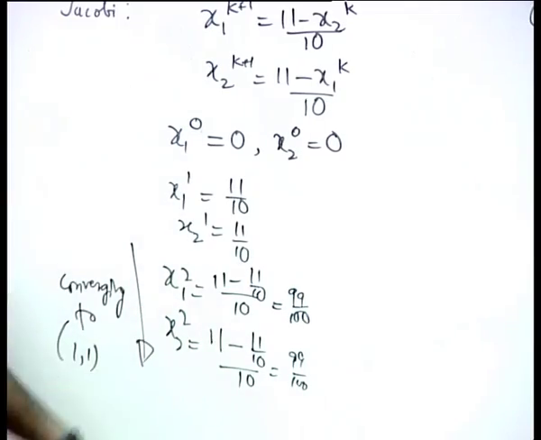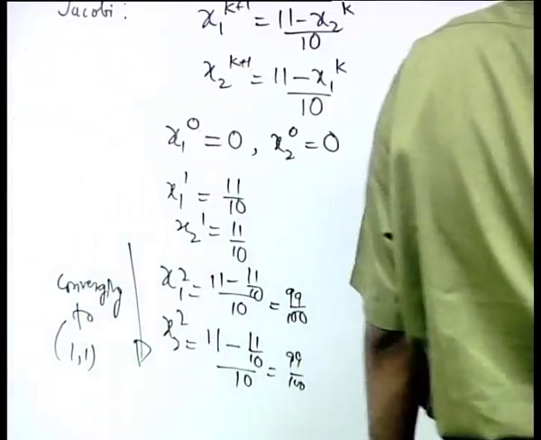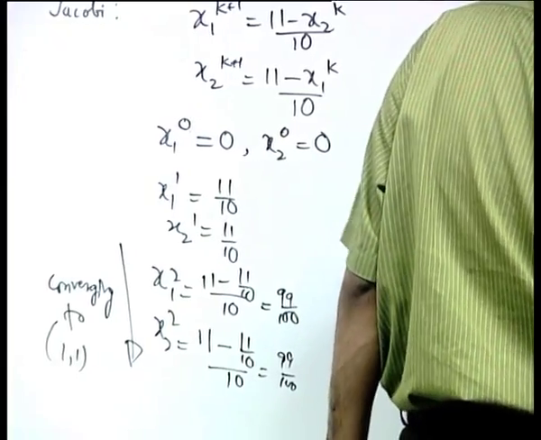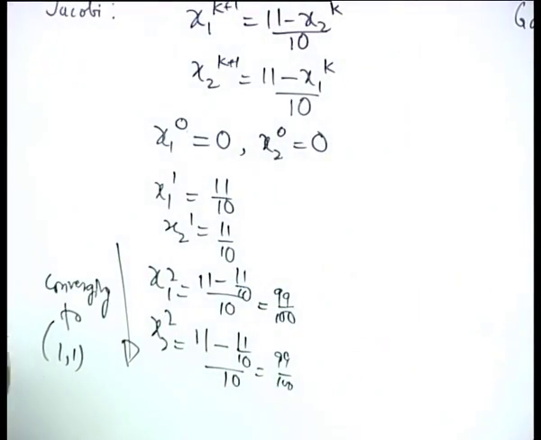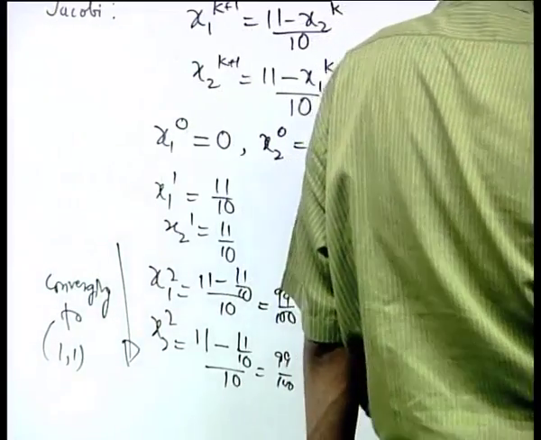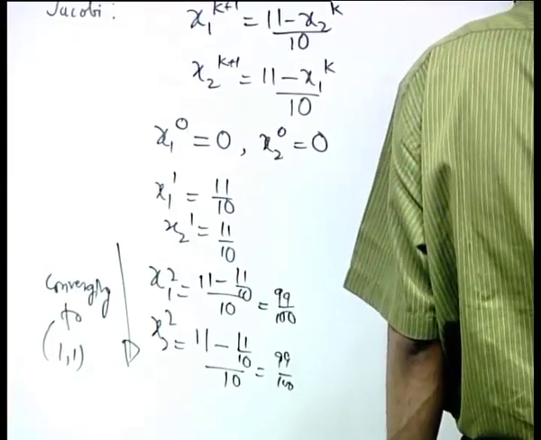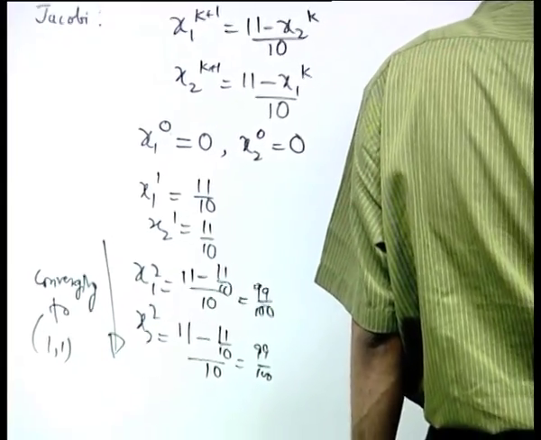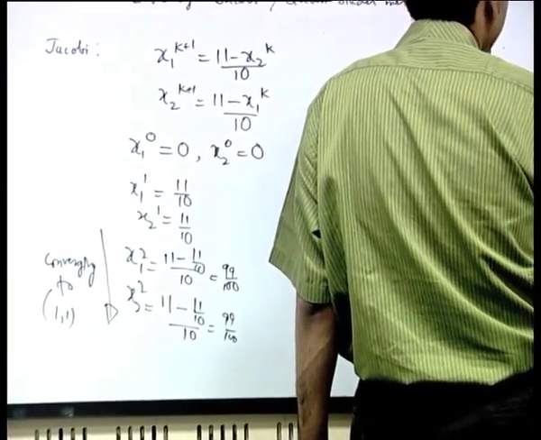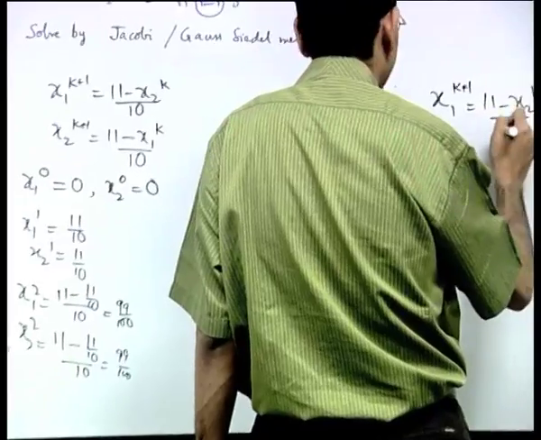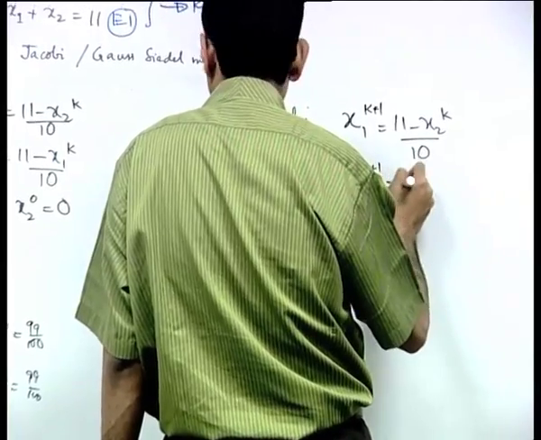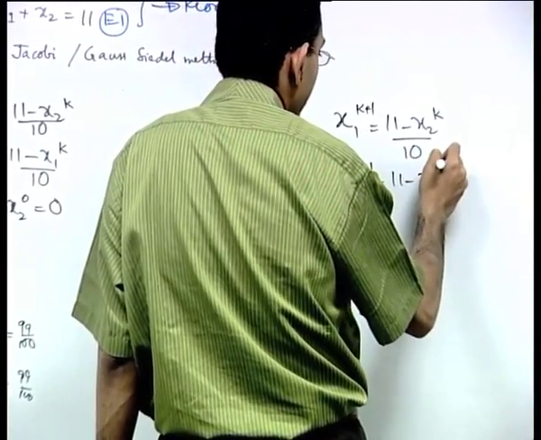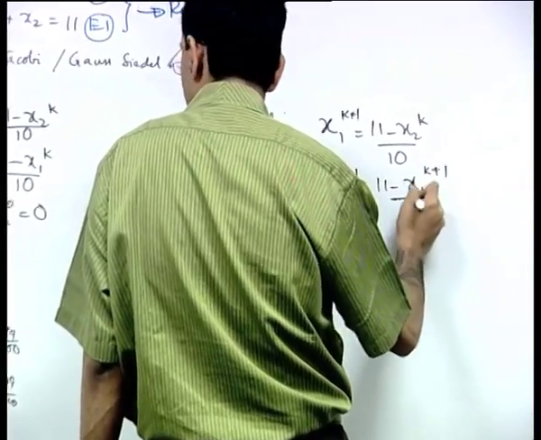Let us consider the Gauss-Seidel method. So, x1 k plus 1 is equal to 11 minus x2 k by 10, and x2 k plus 1 is equal to 11 minus x1 k plus 1 by 10.